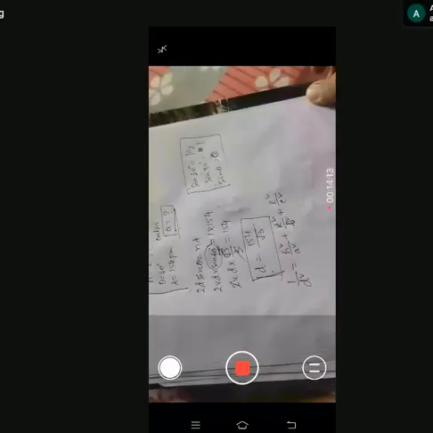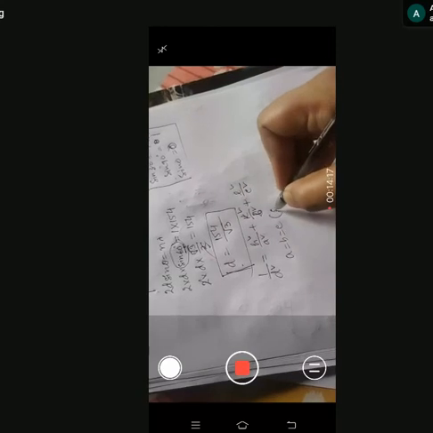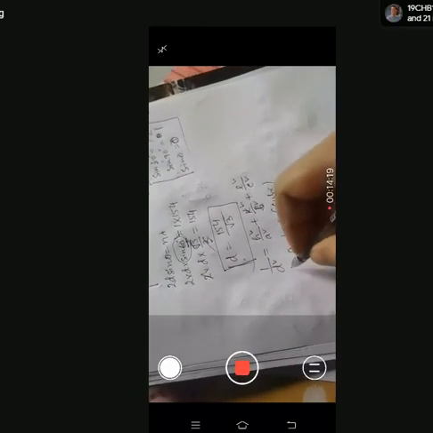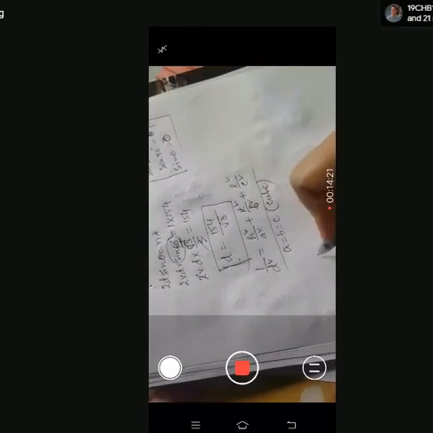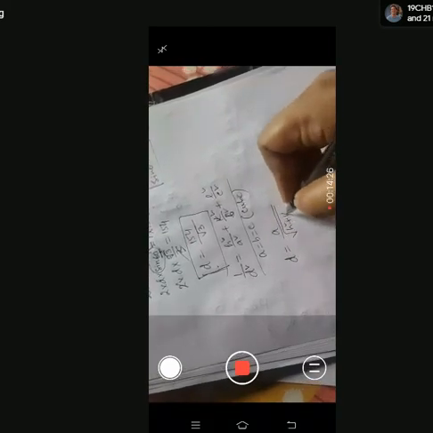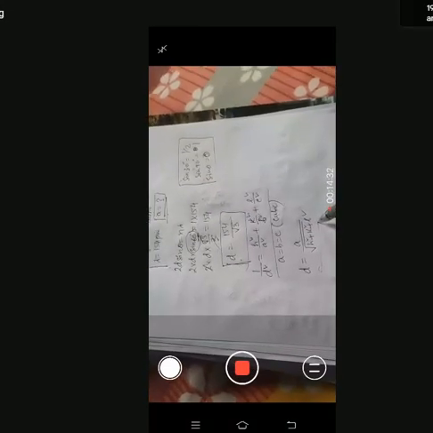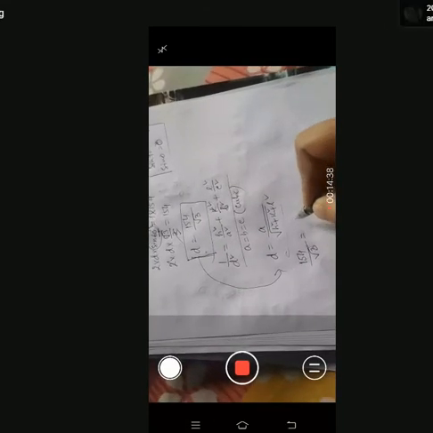For a cubic crystal, since a equals b equals c, this relation simplifies to d equals a by root of h square plus k square plus l square. Put the value of d here, 154 by root 3, and you have to determine a.